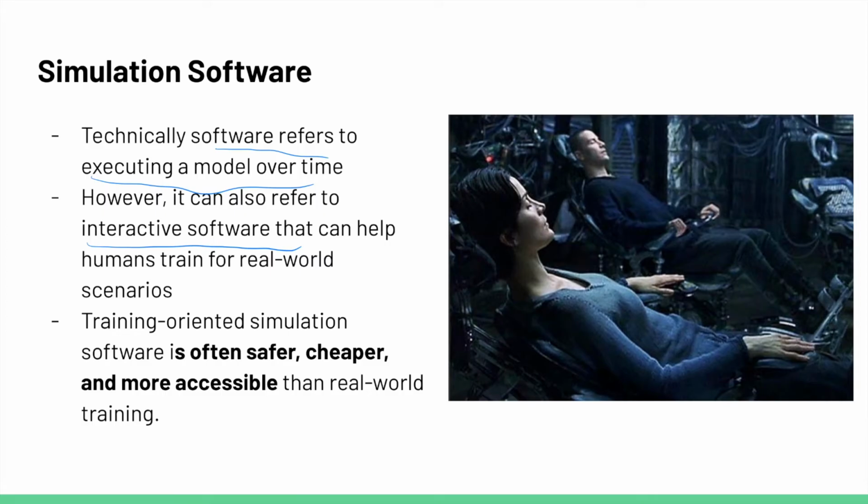I guess The Sims is an example, but also software in which doctors are learning how to perform surgeries could be another example. The advantage of training-oriented simulations is that they're often safer, cheaper, and more accessible than real-world training for many of the reasons that we mentioned before as being the advantages of simulations.